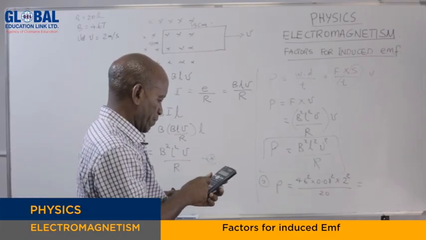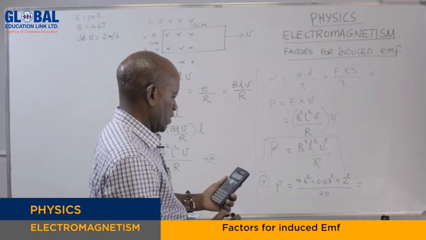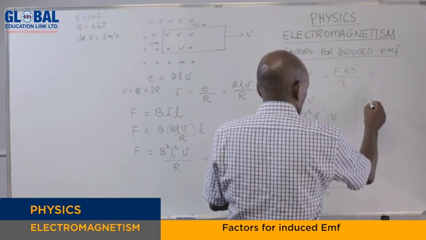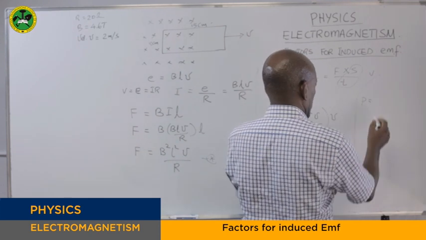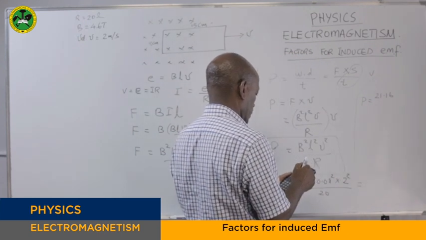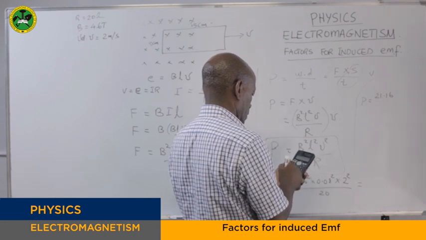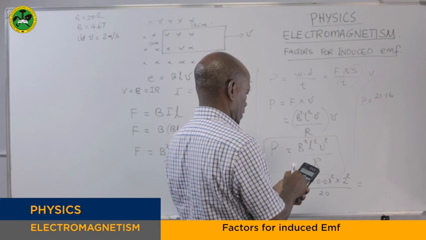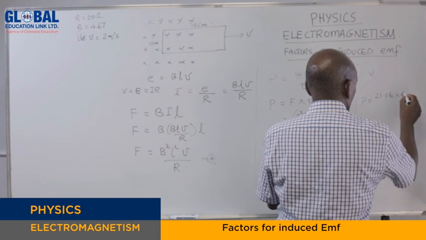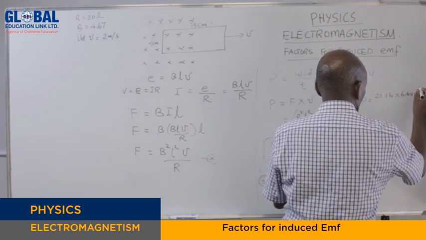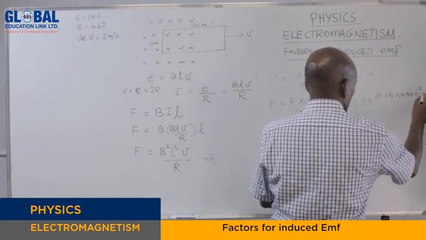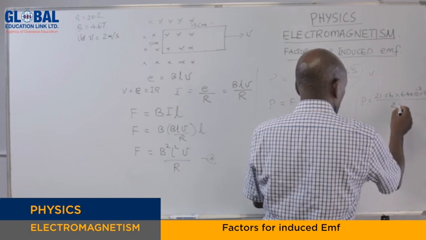If you compute this, 4.6 squared gives you 21.16, and if you square 0.08, you get 6.4 times 10 power negative 3, and the velocity squared is 4. The whole of this you divide by 20.